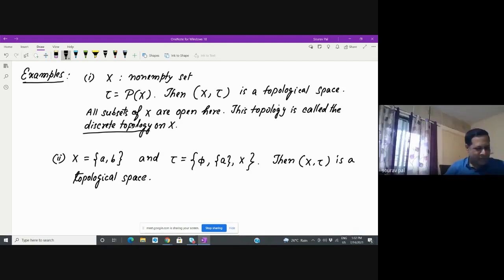So this is another topological space, and we shall see examples of Euclidean spaces, for example the real line with the Euclidean topology. I am just writing it here, but we shall study them in detail later.